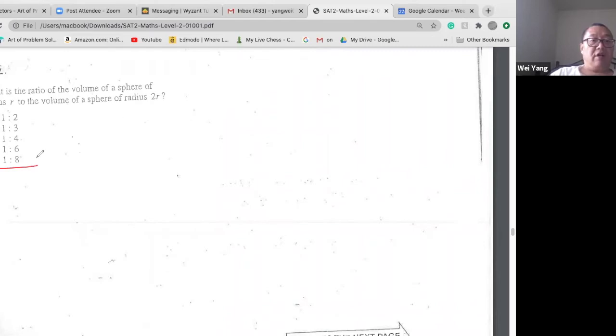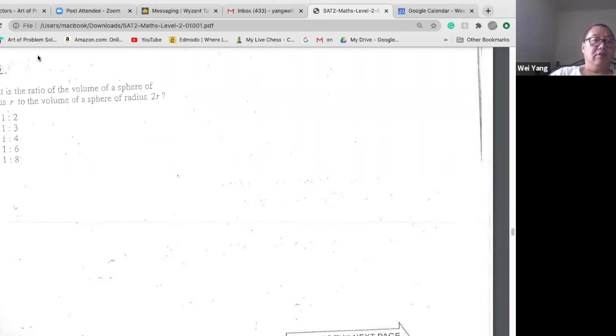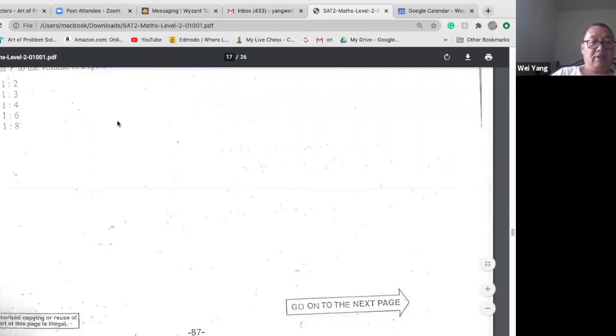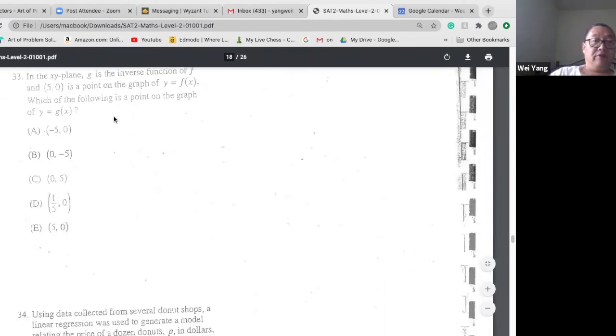Yeah, that's 1 over 8, because suppose r1 over r2 equals 1 over 2, then volume v1 over v2 will equal r1 over r2 to the power 3. So this one equals 1 over 8. Yes, you're right. Now let's see 33. What's the answer? Okay, good.